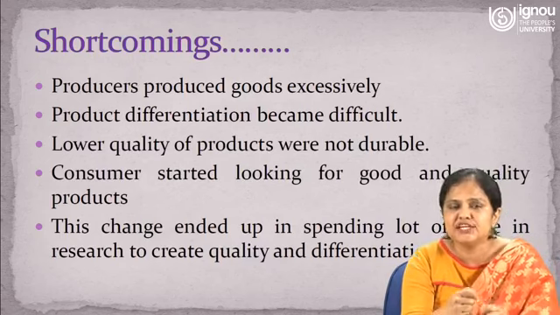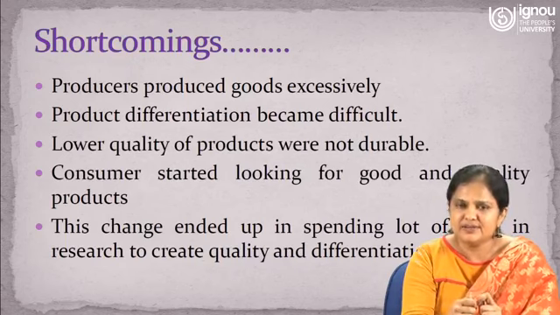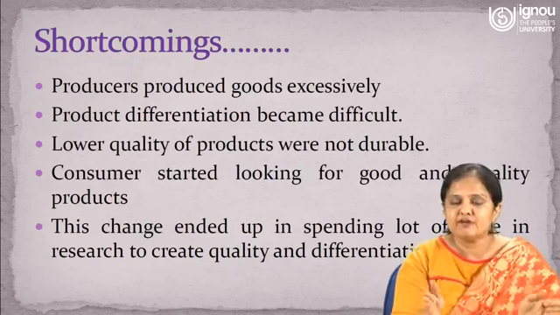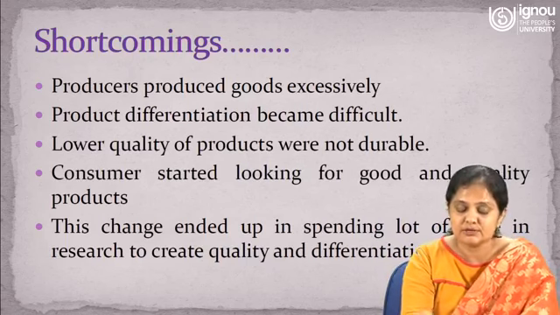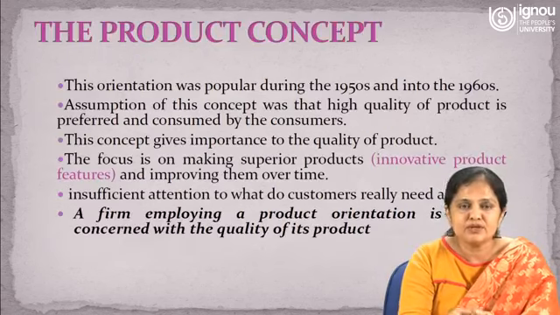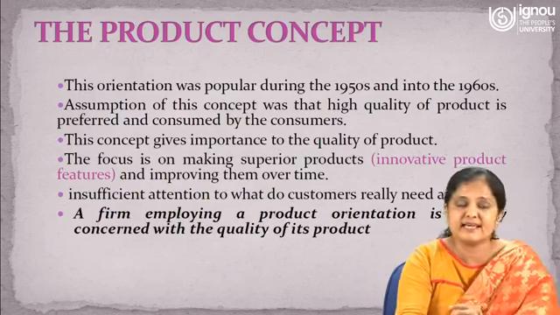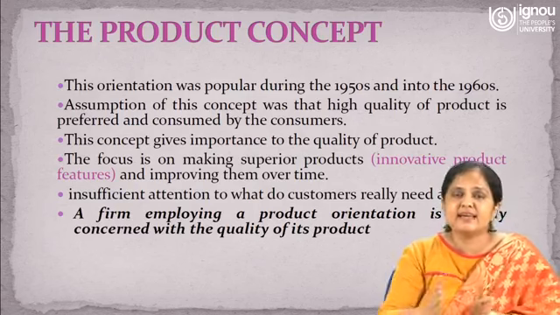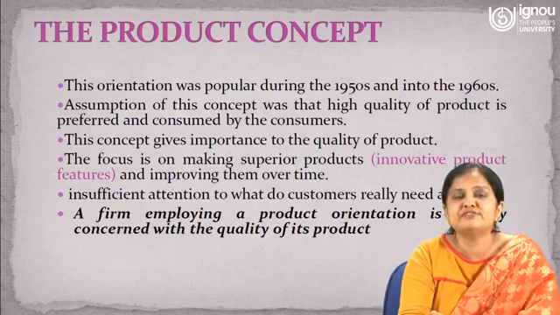This kind of change in the consumer's mind paved the way for another approach of marketing, which is called the product concept of marketing. So the product concept of marketing, as I said, this is the era when consumers wanted to differentiate between them.